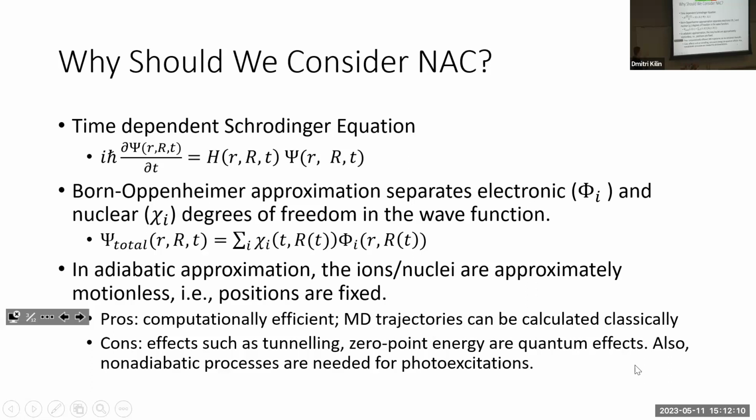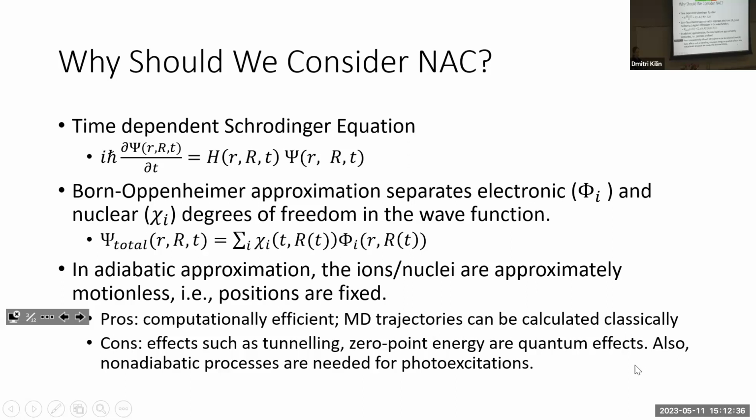And then the nuclear wave functions are treated as adiabatic, or essentially like it's not moving in space, its positions are fixed, and the electrons move about how they will. The advantage of using this Born-Oppenheimer approximation is that it's computationally more efficient, it simplifies your equations, and also you can simulate molecular dynamic trajectories in a classic way.